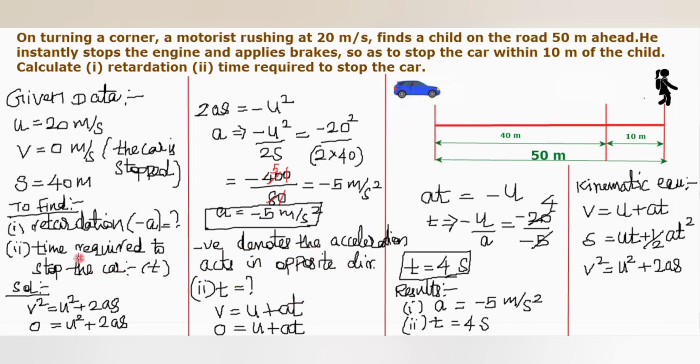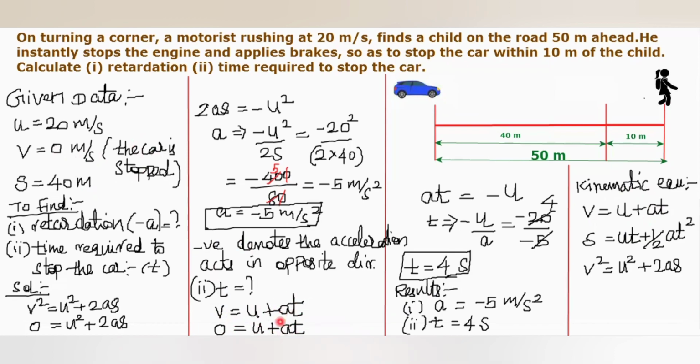Okay, second, we have to calculate the time required to stop the car. So for this, I'm going to take the first equation of motion, that is v equals u plus at. Here, the final velocity, as usual, the car is stopped here, so that will become 0, that equals u plus at.